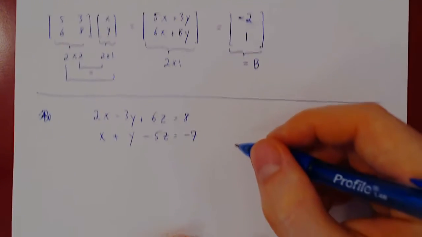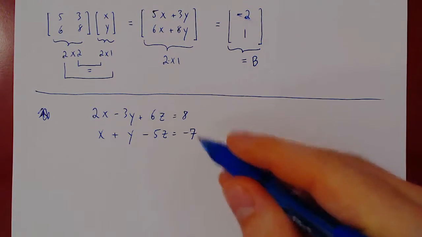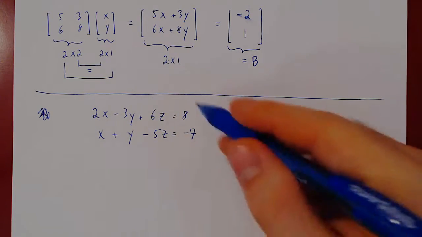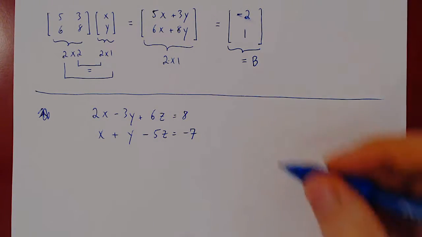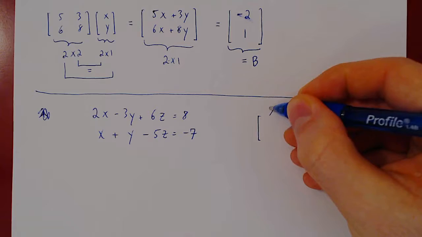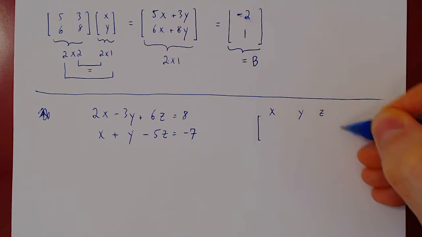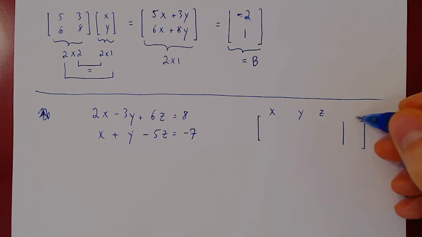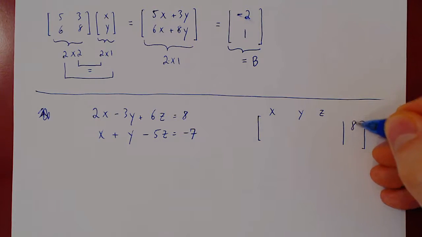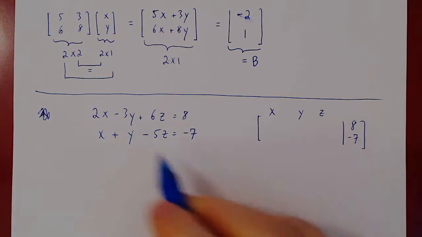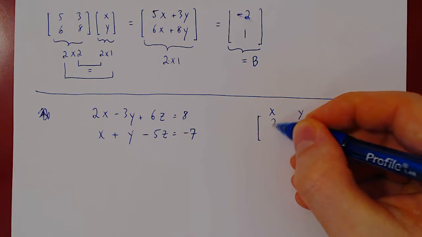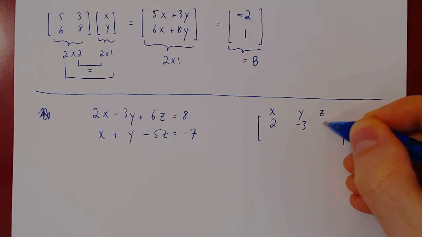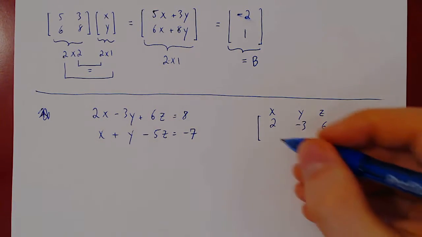Well, again, we can rewrite this in two different ways. You could rewrite the linear system as an augmented matrix. So we have three variables, x, y, z. The constant terms, 8 and negative 7. And the coefficients, 2, negative 3, 6, and 1, 1, negative 5.